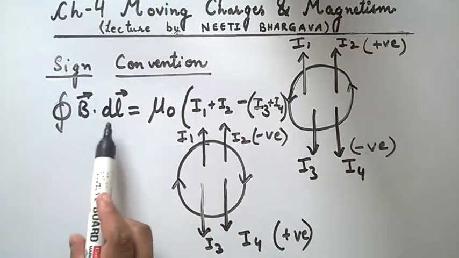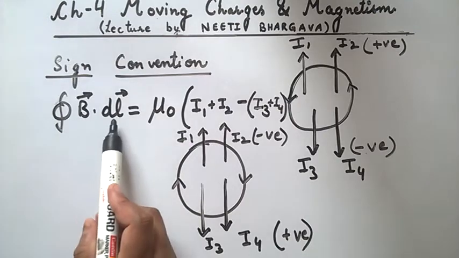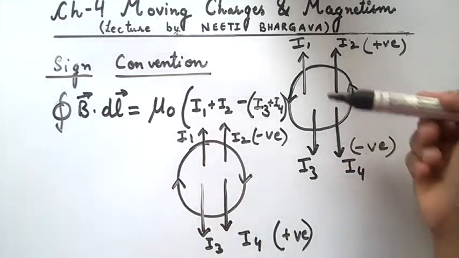And Ampere's circuital law is integration of B dot dl equal to mu naught I enclosed, that is the total current passing through the surface.